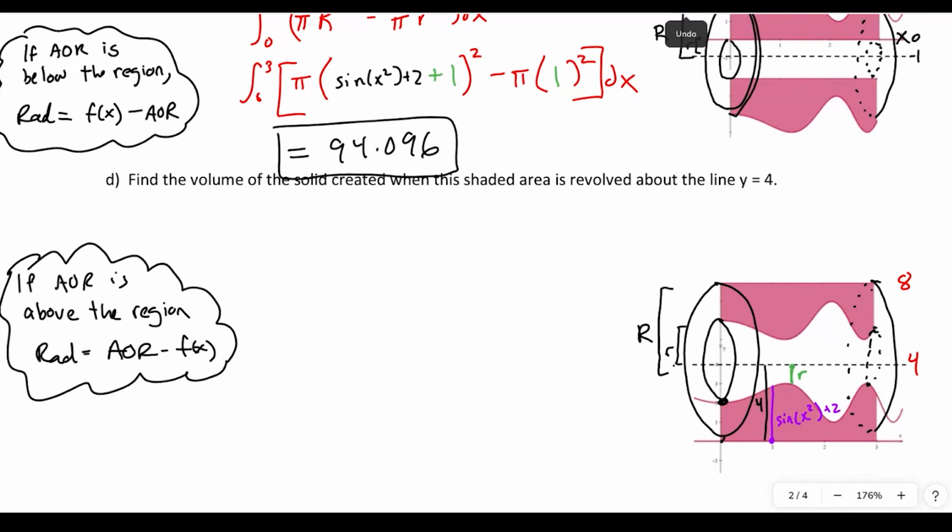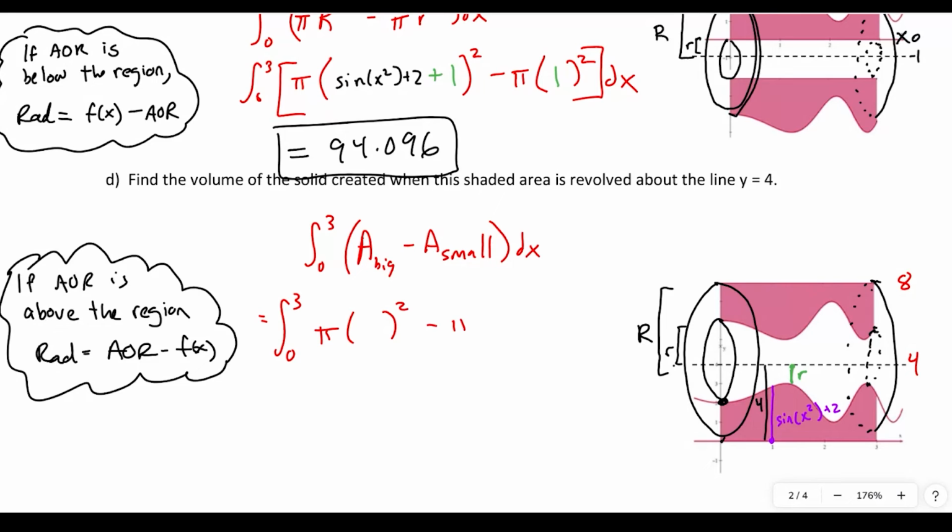So let's see if we can set this up. Same setup as the last one. We've got an integral from 0 to 3 of the area of the big circle minus the area of the small circle, dx. Both of them will be in terms of pi r squared. So we've got pi times something squared minus pi times something else squared, all times dx.